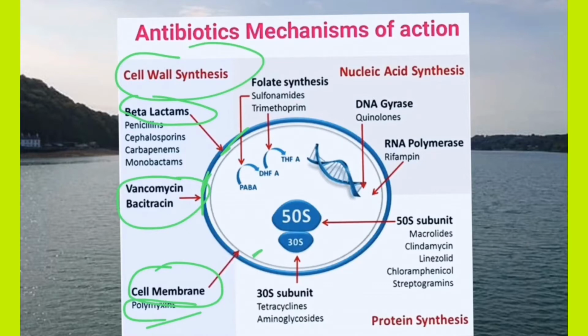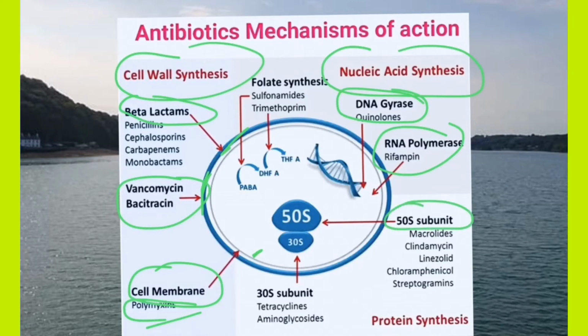When you are going to understand nucleic acid synthesis, the molecules attack DNA gyrase, quinolones, RNA polymerase, rifampicins, the 50S subunit of ribosomal RNA and the 30S subunit, tetracyclines and aminoglycosides. These are the antibiotic actions.